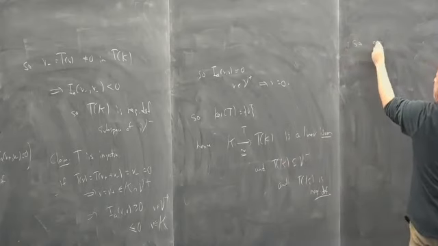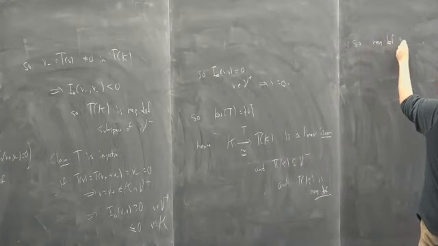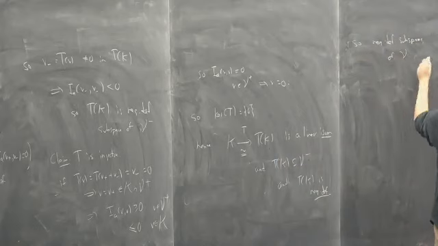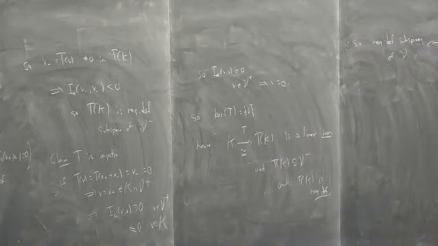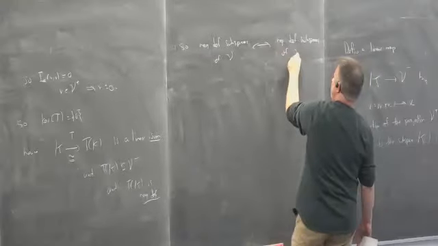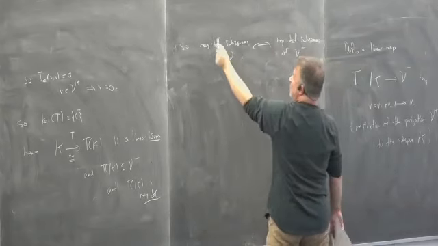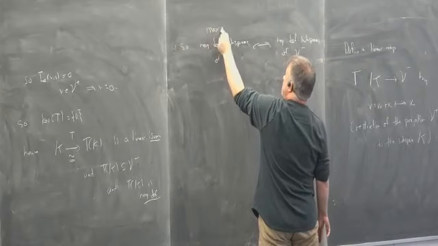So the negative definite subspaces of V correspond to negative definite subspaces of V minus under this correspondence, and I can put maximal.